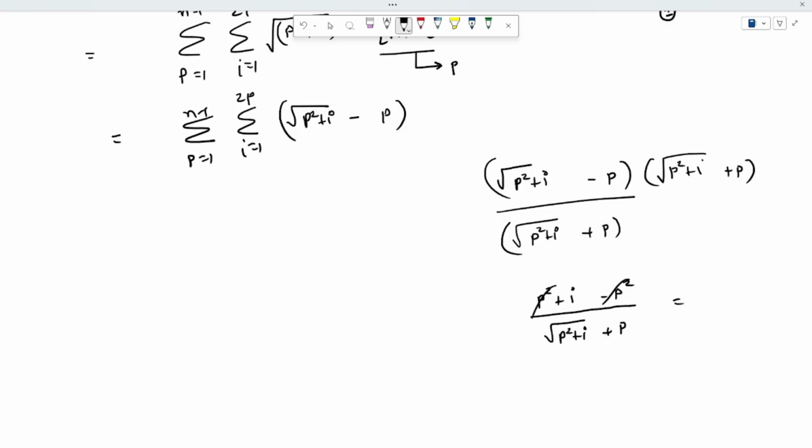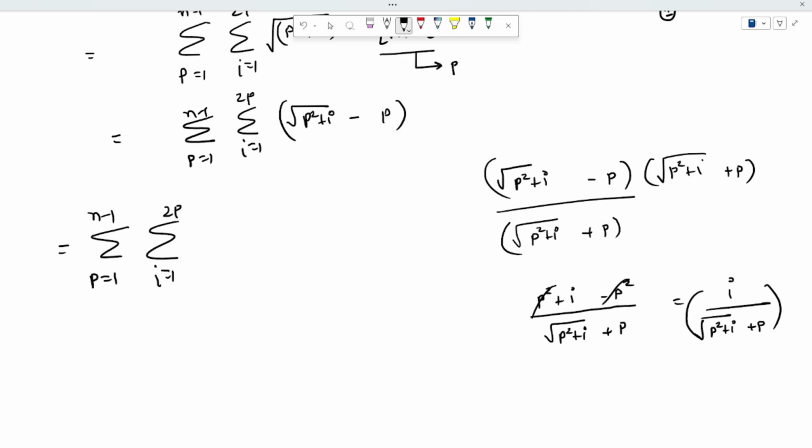So this is going to be i divided by the square root of p square plus i plus p.